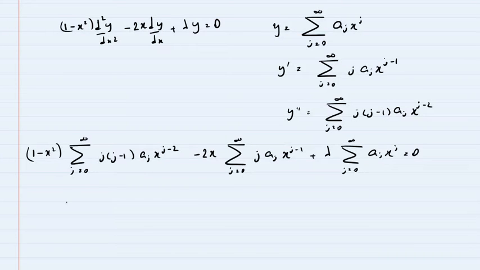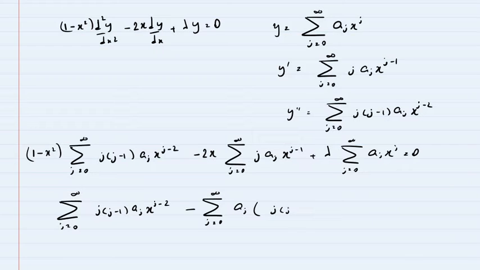Now this simplifies to the sum from 0 to infinity of j(j-1) a_j x^(j-2), minus the sum from j equals 0 to infinity of a_j times (j(j-1) + 2j - λ), everything multiplied by x^j, which is equal to 0.